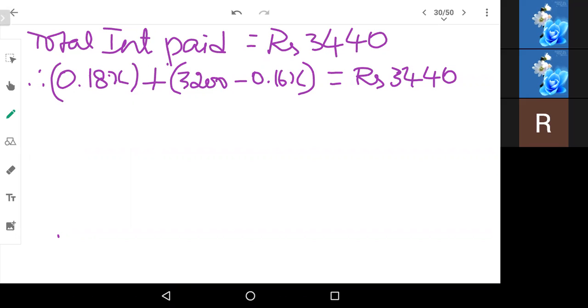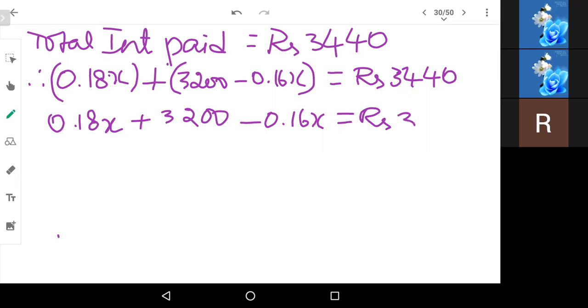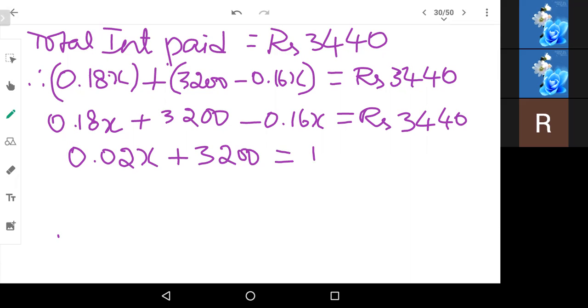Now let us do the simplification. 0.18x plus 3200 minus 0.16x is equal to rupees 3440. Now 0.18 minus 0.16 will give us 0.02x plus 3200 is equal to rupees 3440.